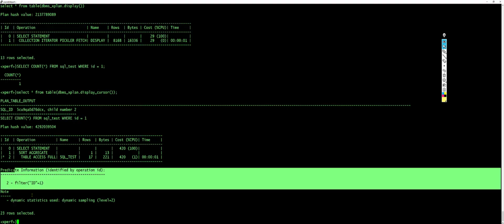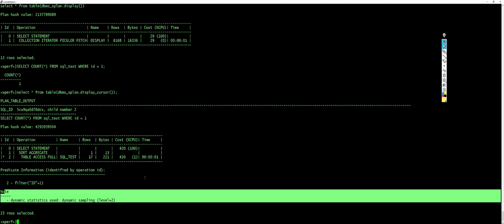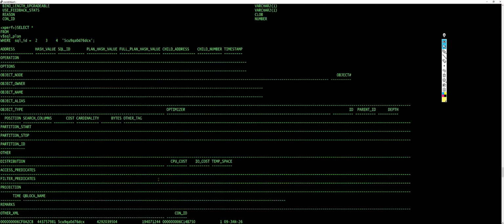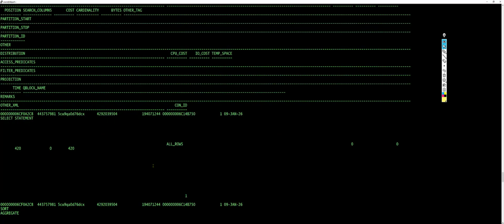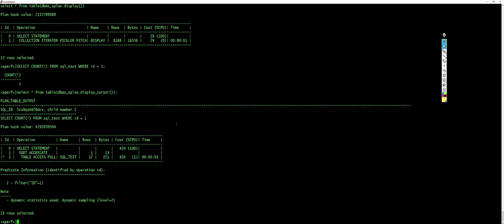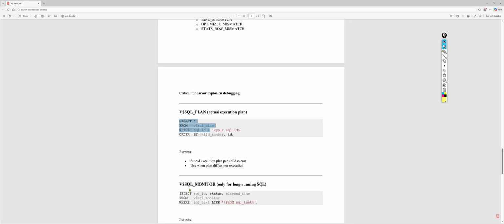So you have predicate information, you have the note section which contains dynamic sampling information. So all this information is stored under this V$SQL_PLAN view. Okay, so you have access predicates, CPU cost, IO cost, as I already mentioned, like cardinality, bytes. This output is quite clumsy, so you can format this output and see the execution plan information under V$SQL_PLAN.